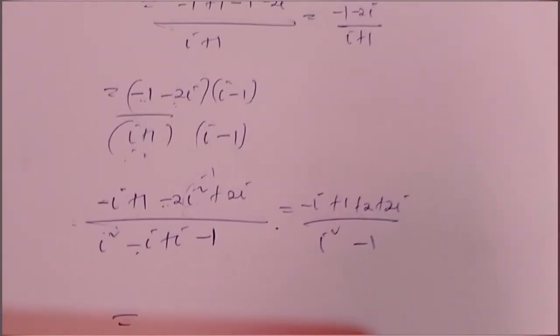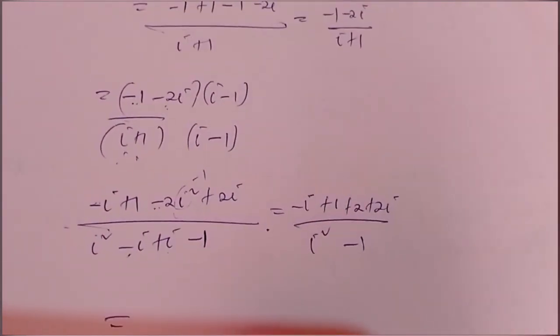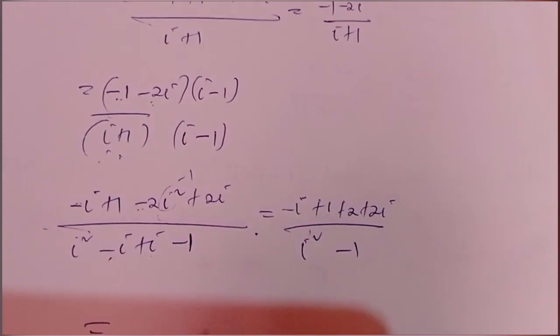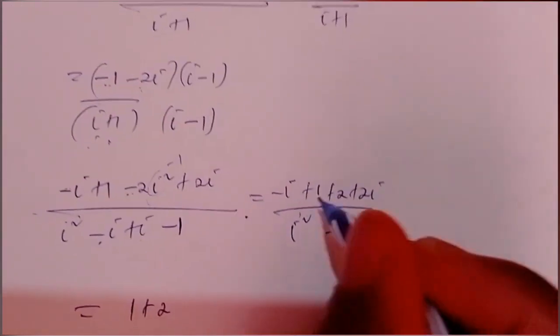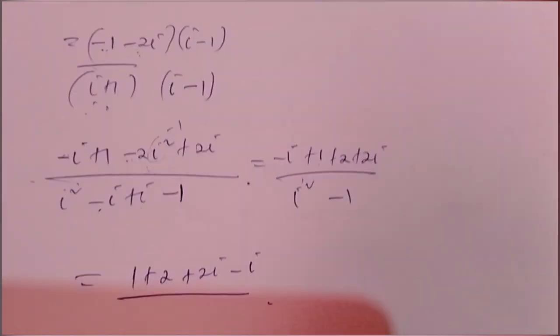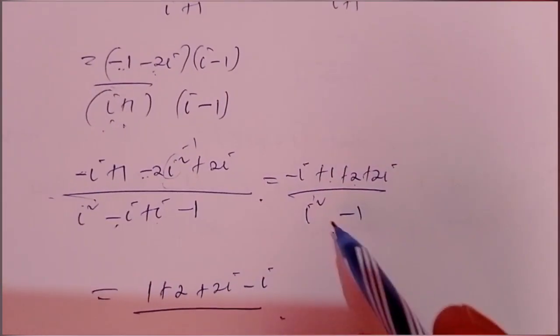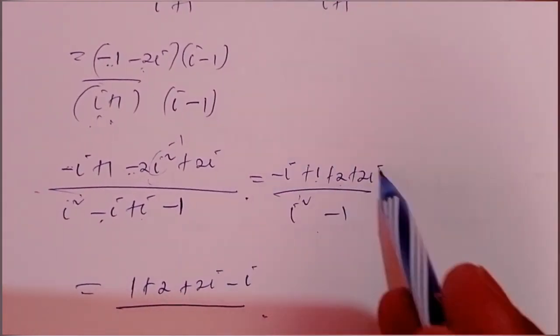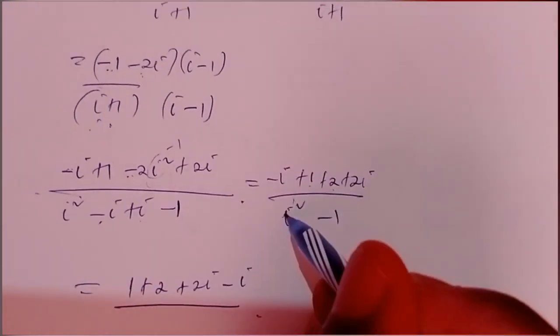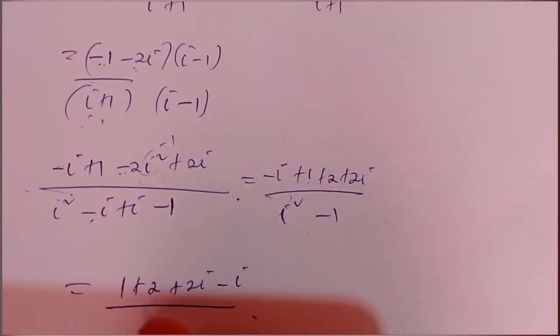We have now 1 plus 2 plus 2i minus i over i squared minus 1. I have just collected like terms. Remember, this i squared will also be negative 1, so negative 1 minus 1.